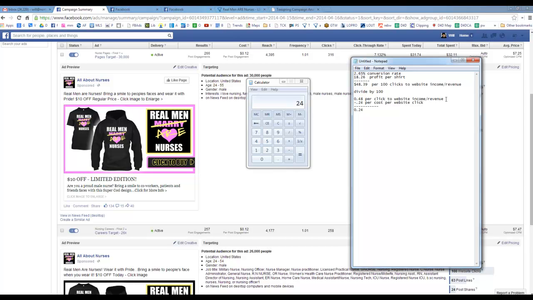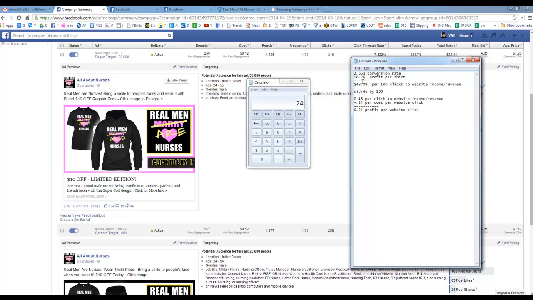We're doubling our money here. 24 cents profit per website click. Okay, so let that be a gauge for now, and as our conversion increases, we may test a couple things to see if we can increase our conversions.